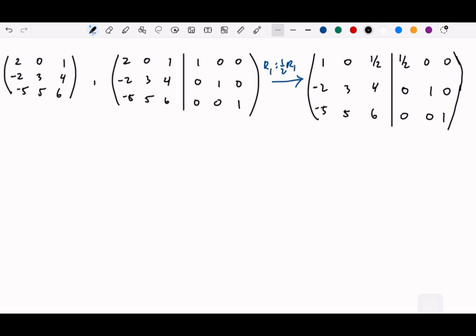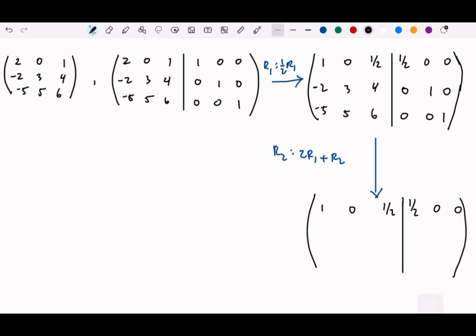And then what else? I think we can do 2R1 plus R2. So far, okay.